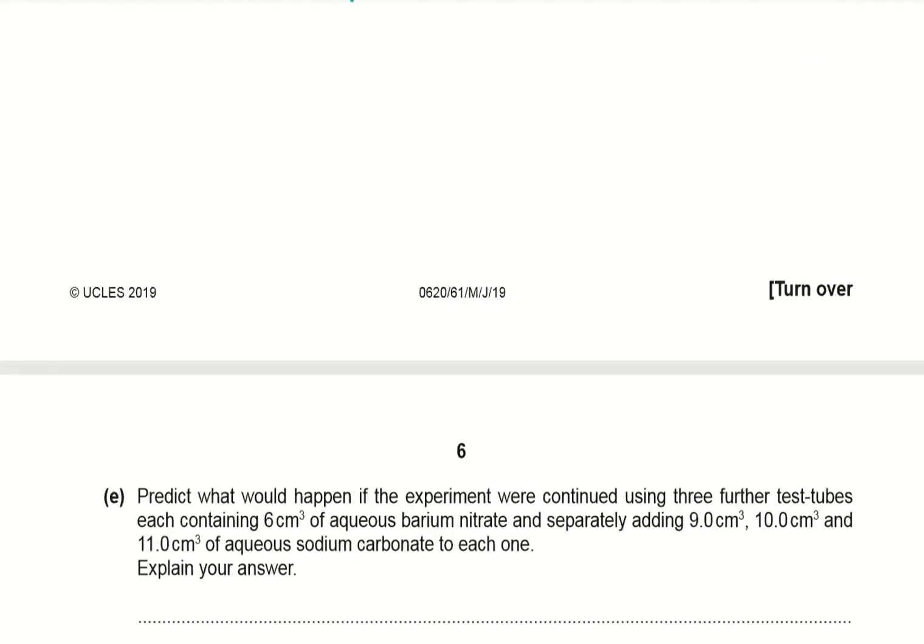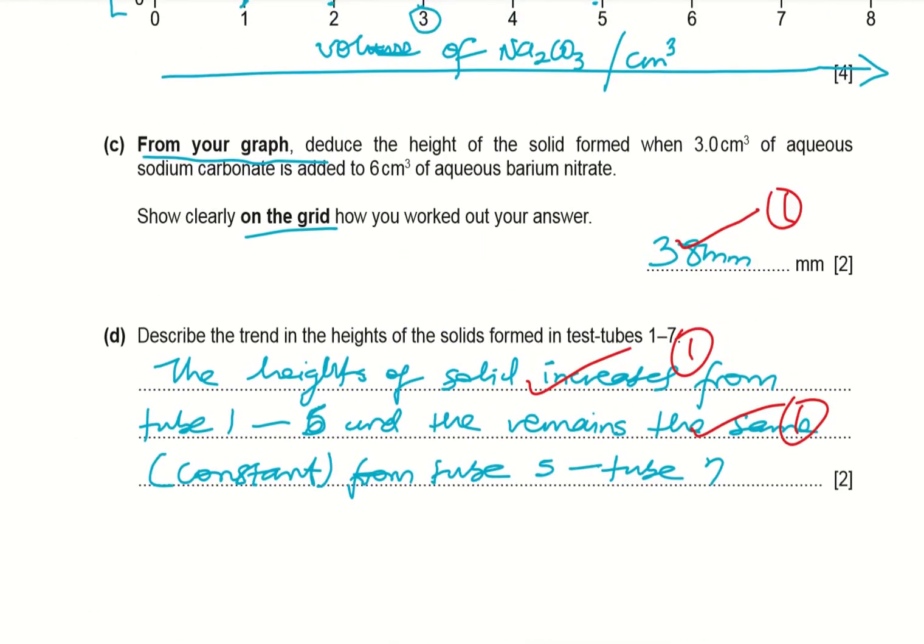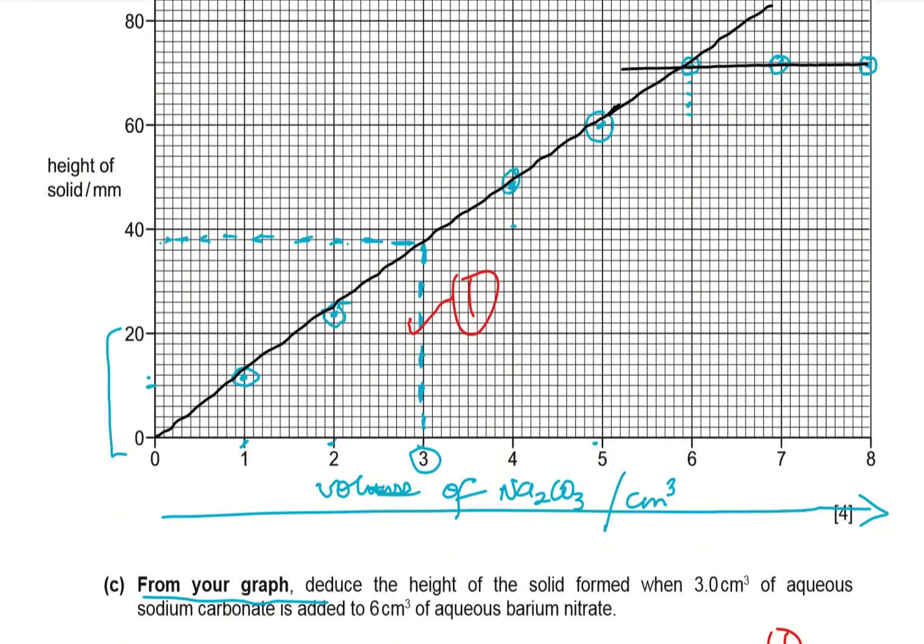Now let's go back to this. You can see that even when 8 cm cube of sodium carbonate was added, the level still remains the same. When 7 cm cube was added, the level remains the same. When 6 cm cube was added, the level remained the same.